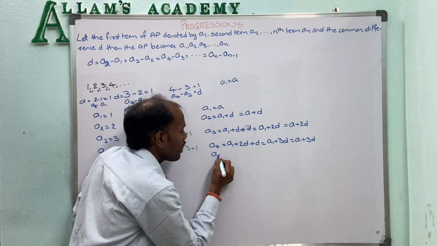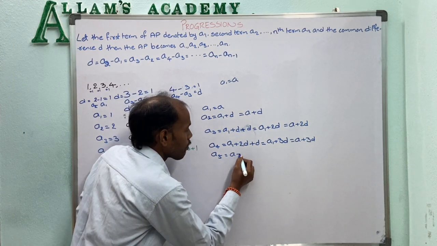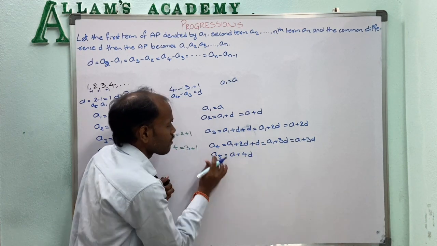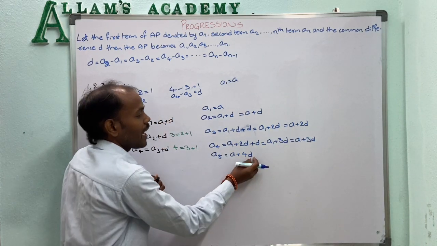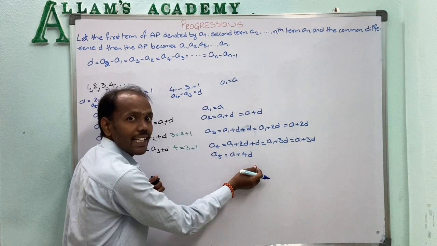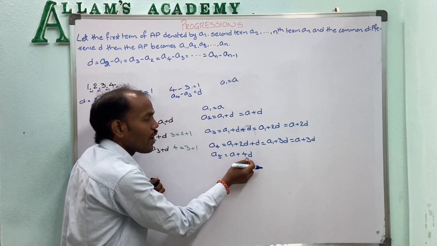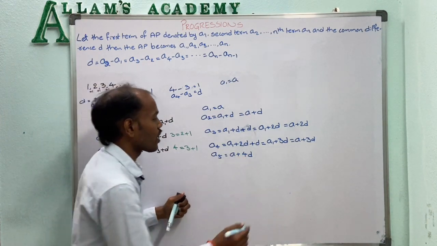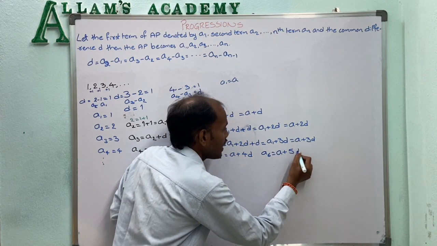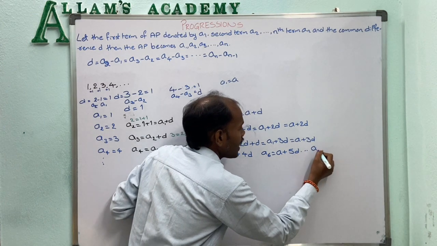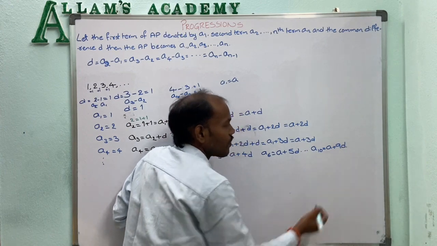Now A5 is equal to A plus 4D, A6 equal to A plus 5D, and similarly A10 is equal to A plus 9D. The D term is added one number less than the term number.